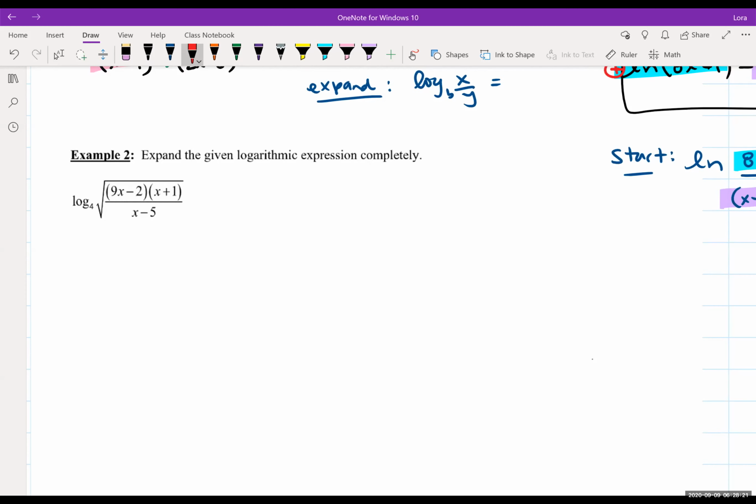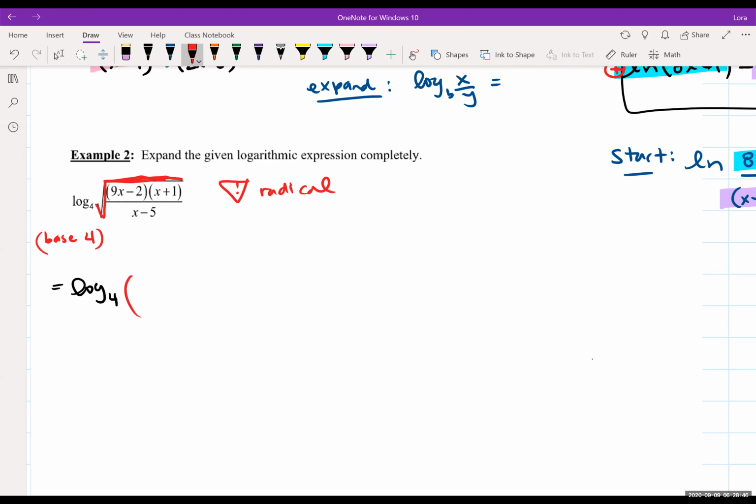Right away, you have a logarithm, the base is 4. And also notice that you do have a radical in the argument. So before we even start, let's rewrite. Log base 4. Notice this radical, in this case, it's covering the entire fraction.